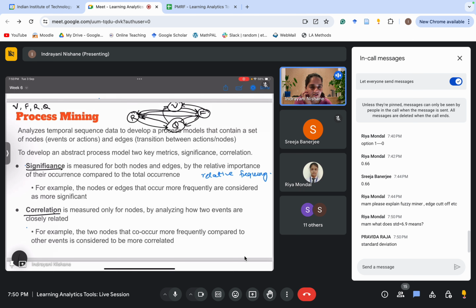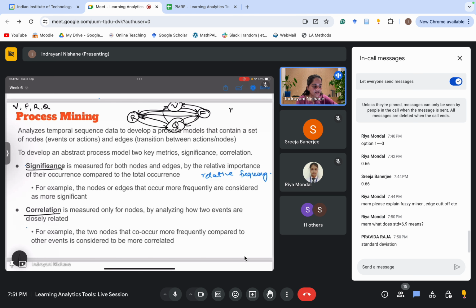Okay, because STD is generally standard deviation, which gives us information about how the data is distributed from the mean. So if mean is 10 and standard deviation is 6.9, that means data values can range from 10 plus minus 2 standard deviations, which is generally a statistics rule.